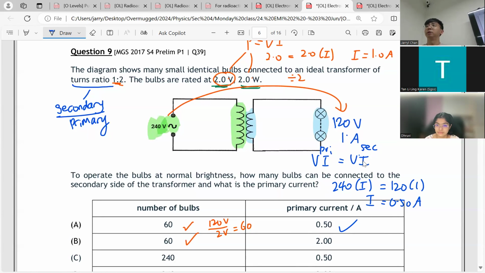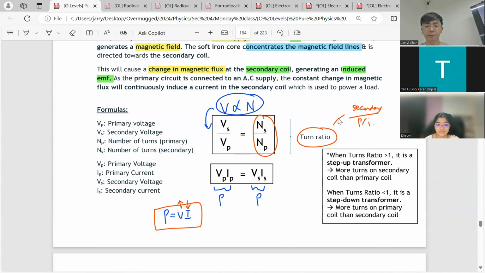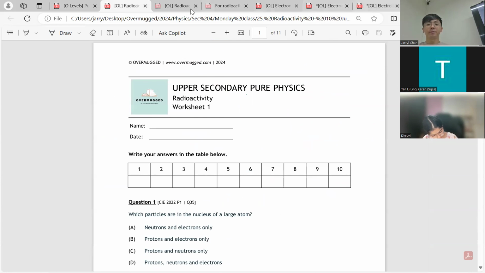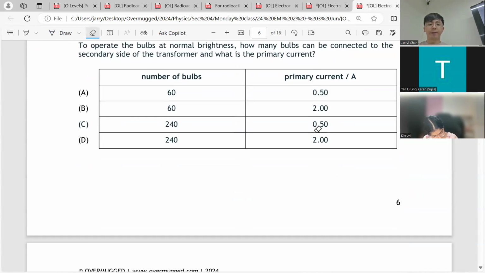No. I thought it was the opposite way around. Okay, if I can point you to the part of the notes that we talked about this, is here, the turns ratio, secondary over primary. So the turn ratio is found here. Oh, right. Let's move back.